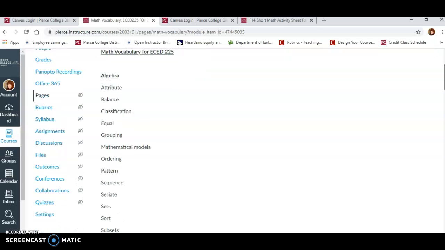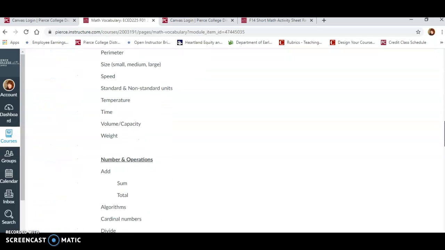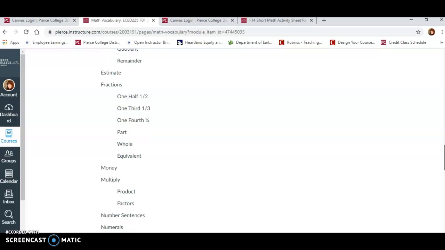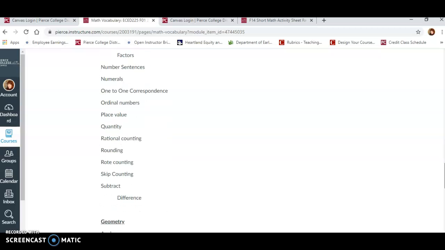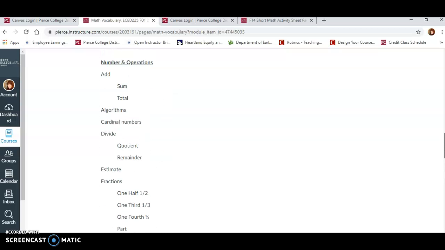So it's broken down by math strand, and we're doing numbers and operations. And so there's addition, algorithms, divide, estimate, fractions, money, numbers, sentences, numerals, one-to-one correspondence, skip counting, rounding, quantity, place value. I'm not really seeing anything that matches my math activity, but let's just take a look again.